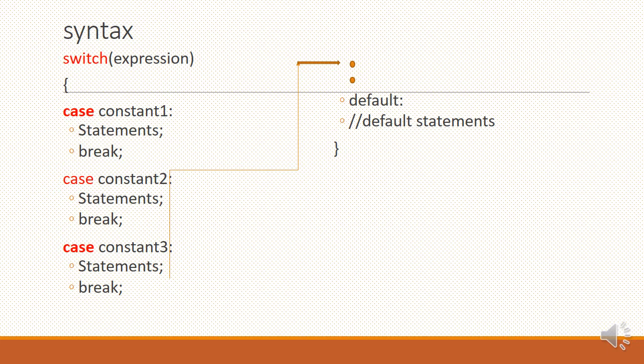If your expression is equal to 3, control goes to case 3 and executes the statements available there, and then it breaks the switch statement. Control goes to the next statement available after the end brace of the switch statement.